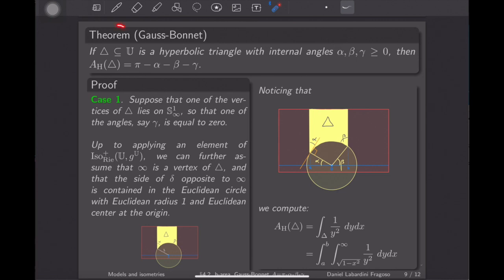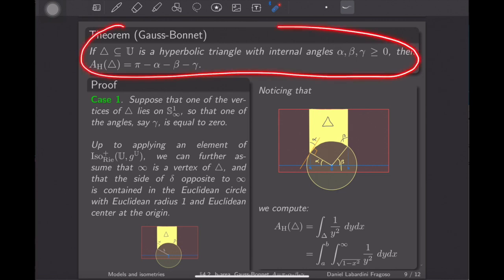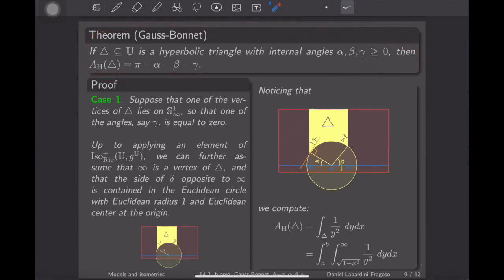So this theorem is in sync with this idea that triangles in the hyperbolic plane are very rigid objects, right?